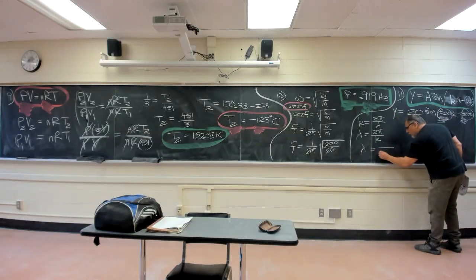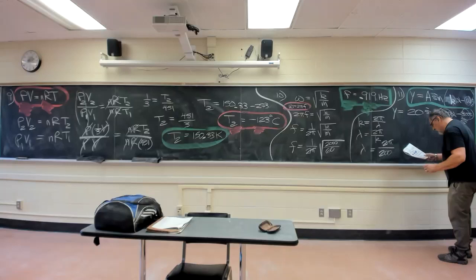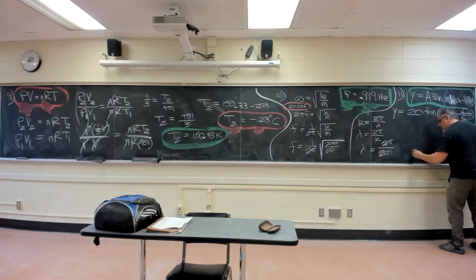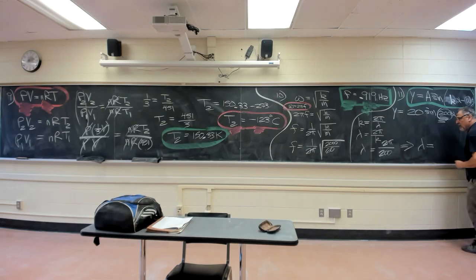K is 200, omega is 300. Then we've got 2 pi right here. At the end of the day, that implies that for lambda, the 2 and the 200 cancel, and you get pi over 100 meters, using what they gave us.